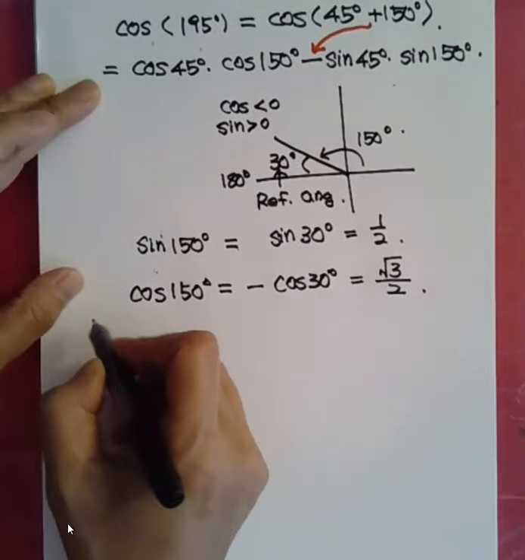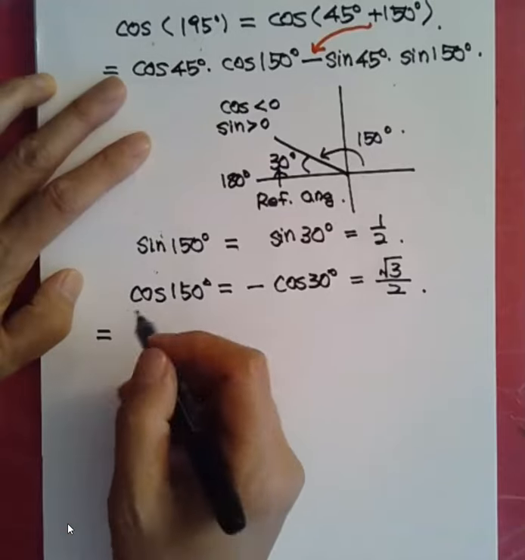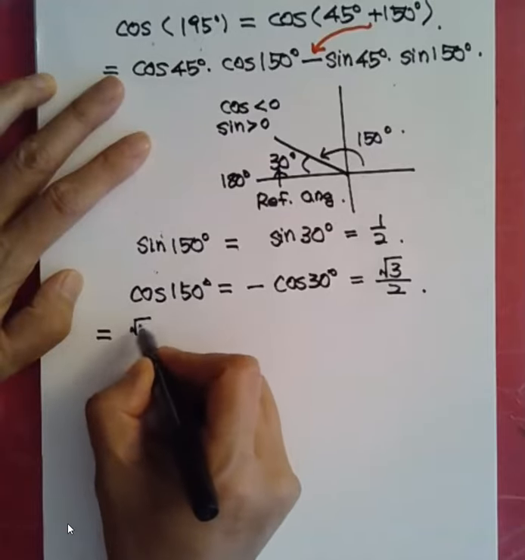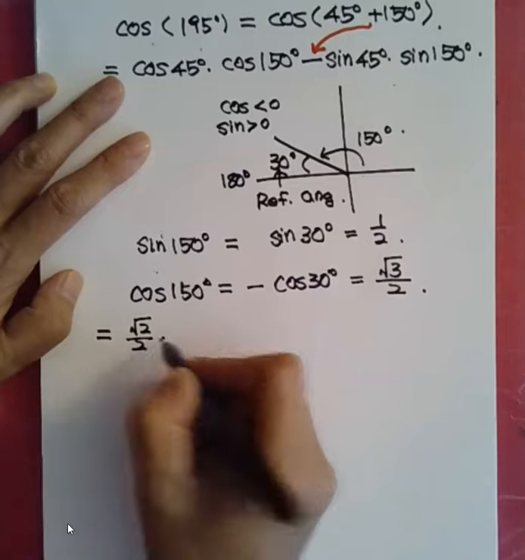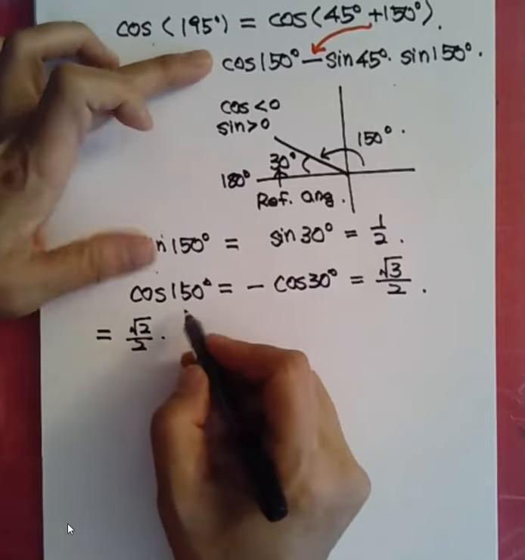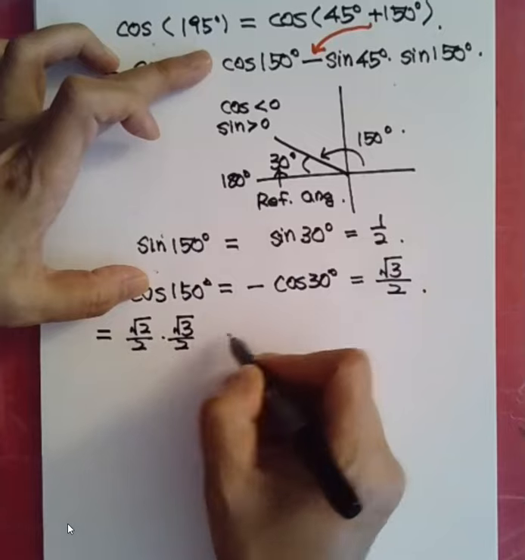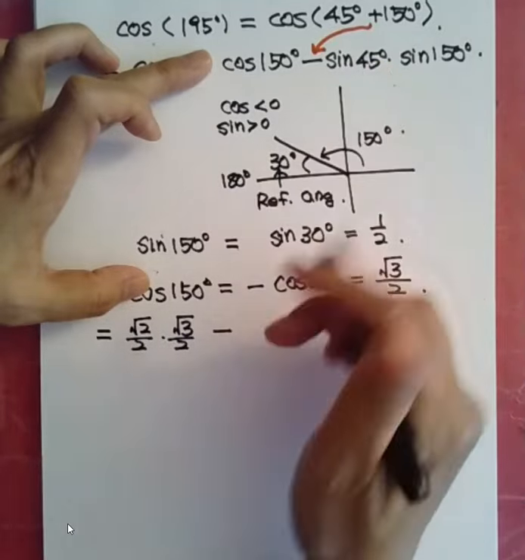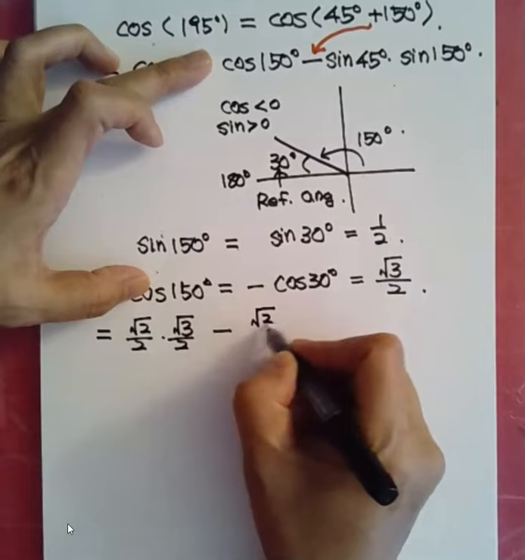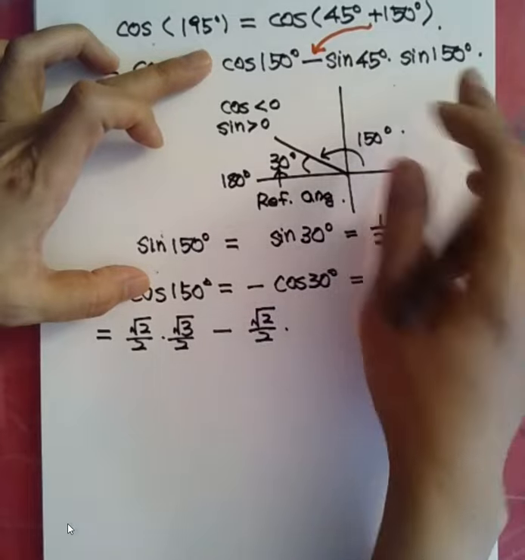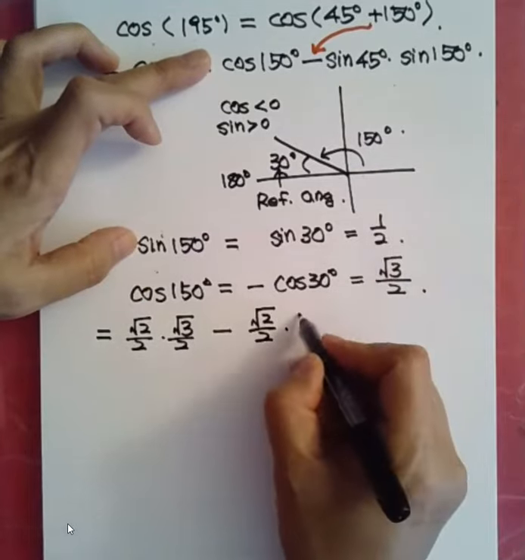Let's keep on going. Cosine of 45 degree is square root of 2 over 2 after rationalization. Cosine of 150 degree was minus square root of 3 over 2. Minus sine of 45 degree is square root of 2 over 2 times sine of 150 degree is 1 over 2.